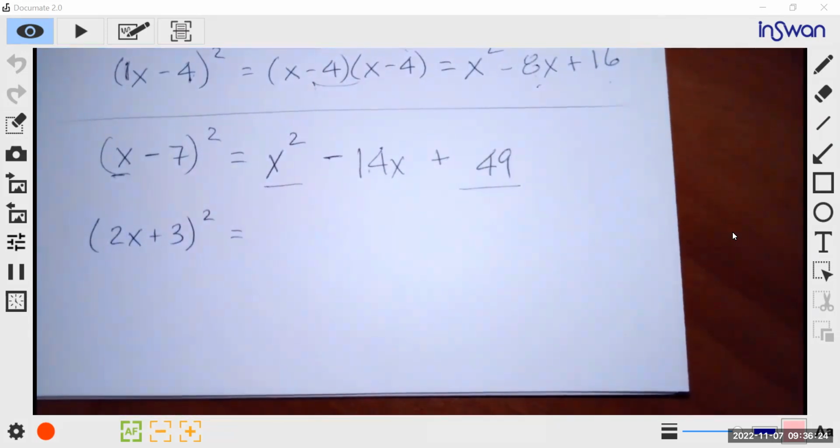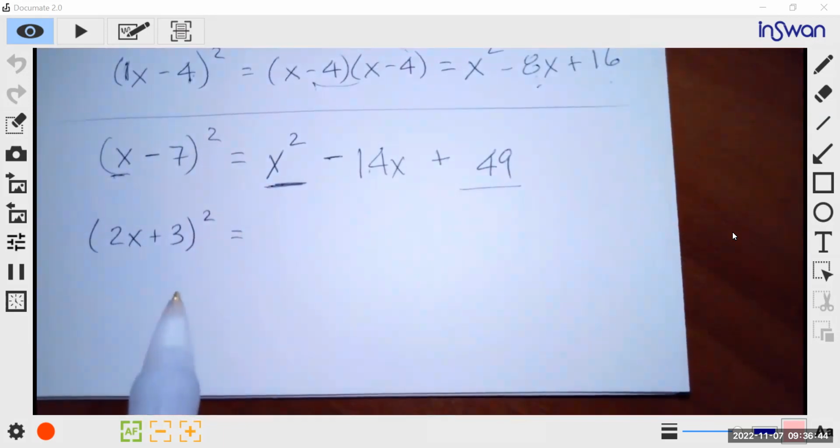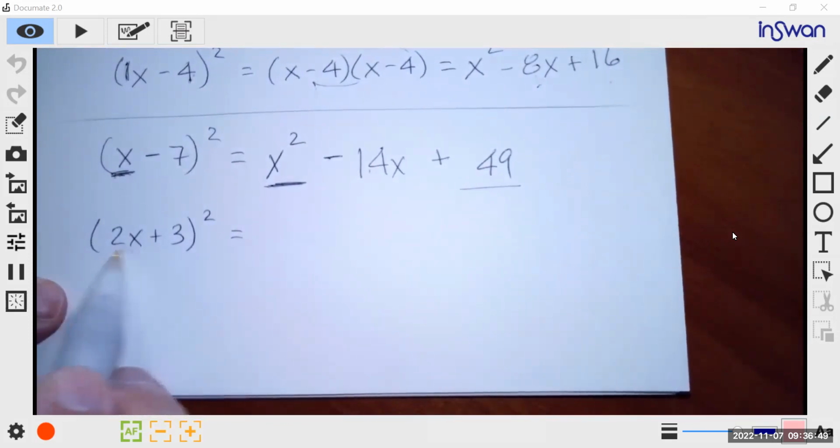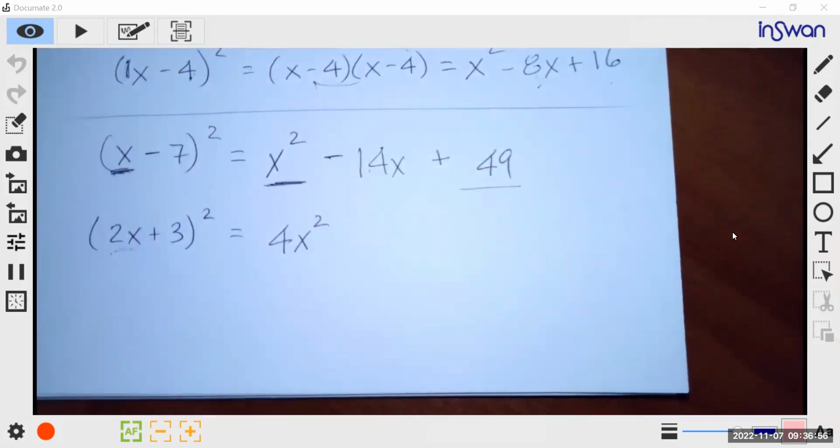How about this one? This first term comes from where? I square the first term. So if I square the first term, what do I get? 4x squared.